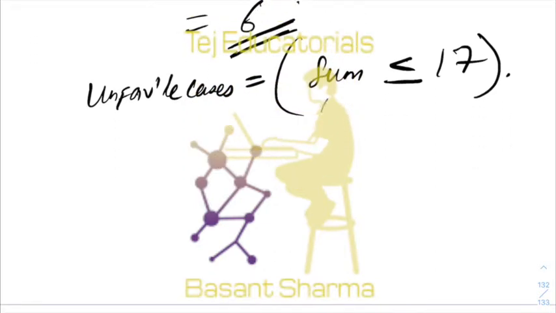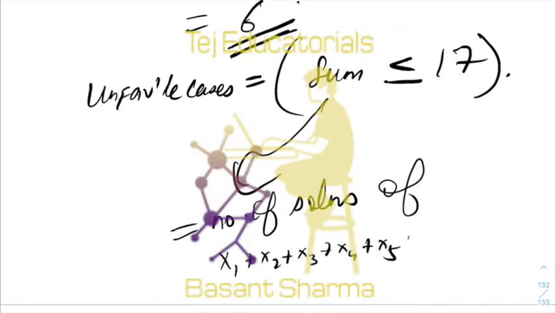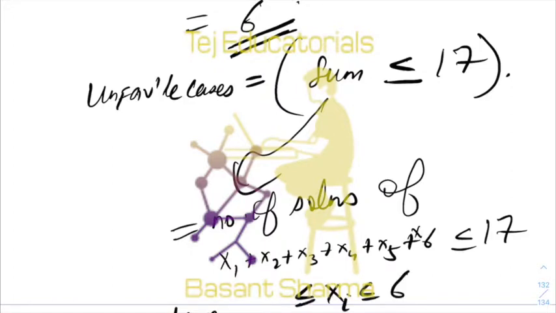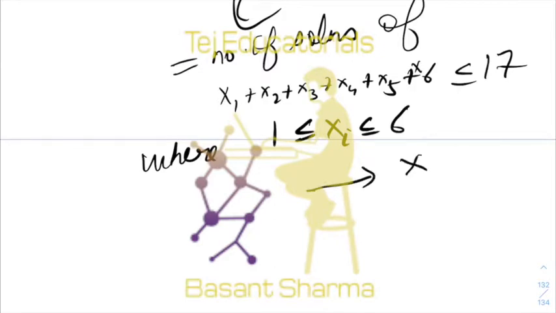Essentially what you are asking is, you want to find the number of solutions of x1 plus x2 plus x3 plus x4 plus x5 plus x6 less than or equal to 17, where each variable can take a value between 1 and 6. Let's say this is your star.